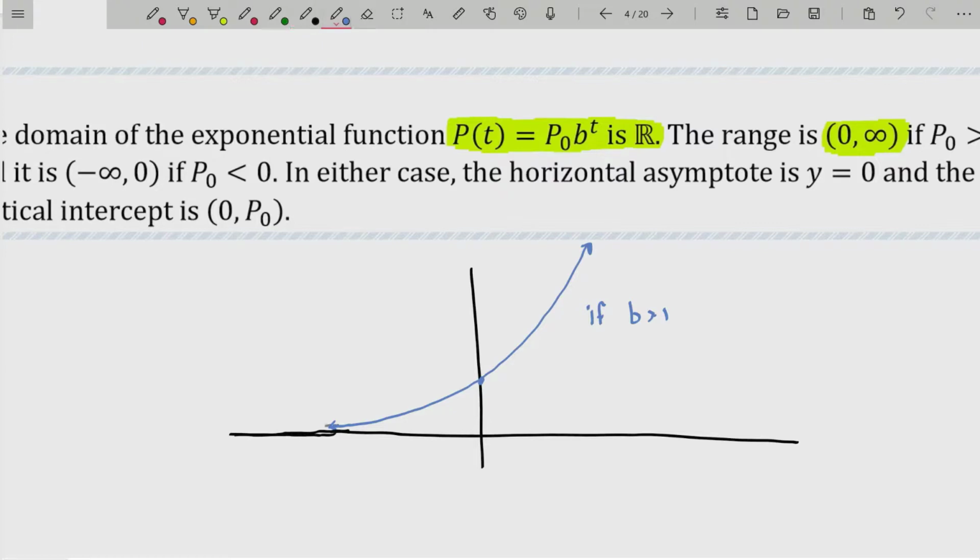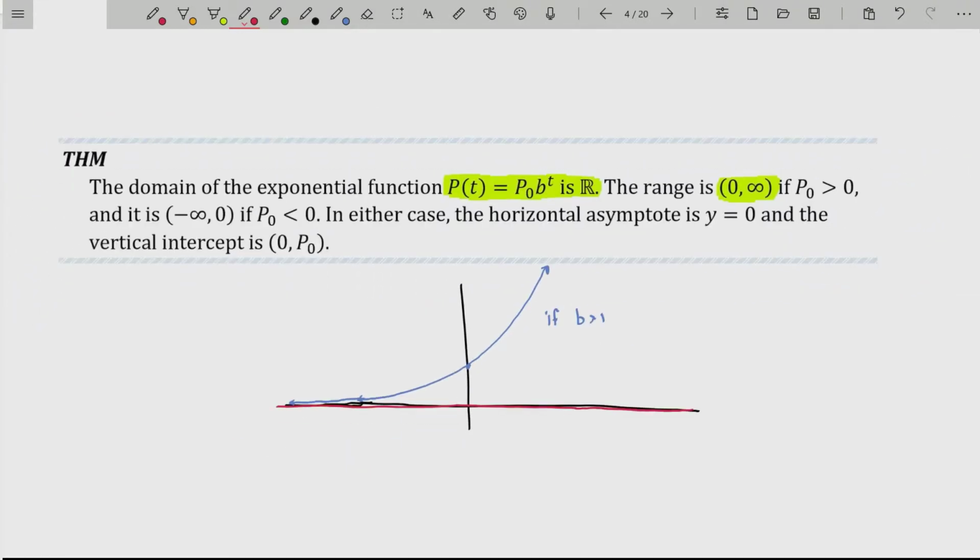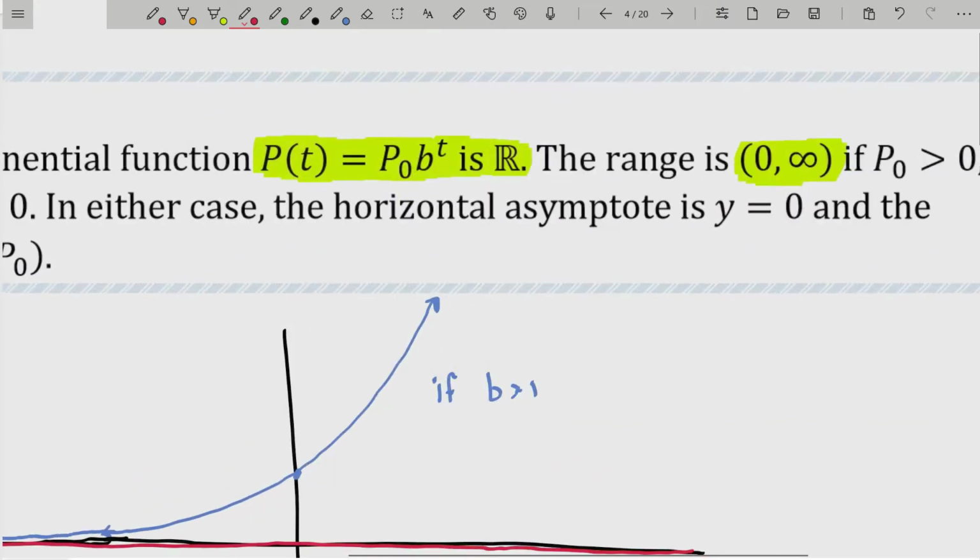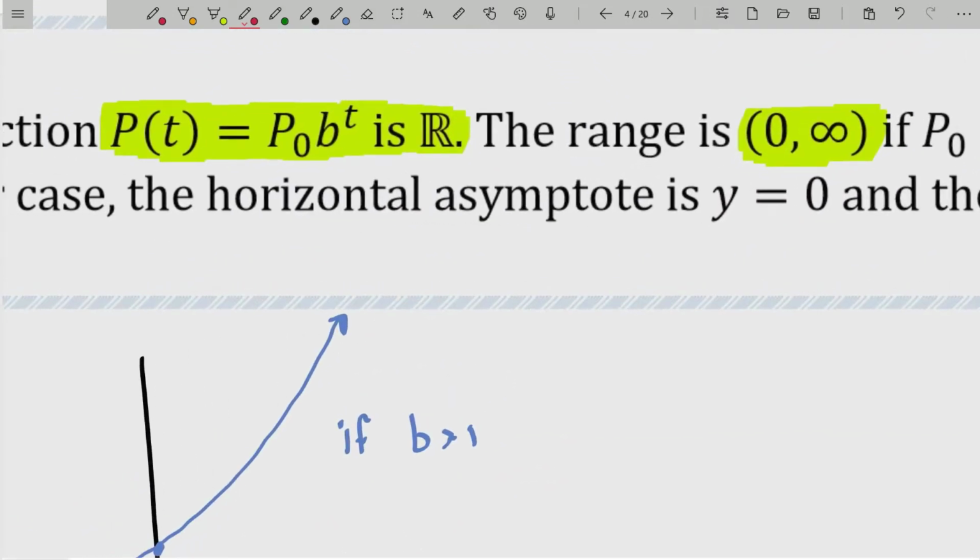They will never touch the horizontal axis, but they'll get really close to the horizontal axis. And that lets me know that the horizontal axis is also a horizontal asymptote. If I draw this line in, that is a horizontal asymptote for our function. And in either case, the horizontal asymptote for an exponential function is y equals 0.